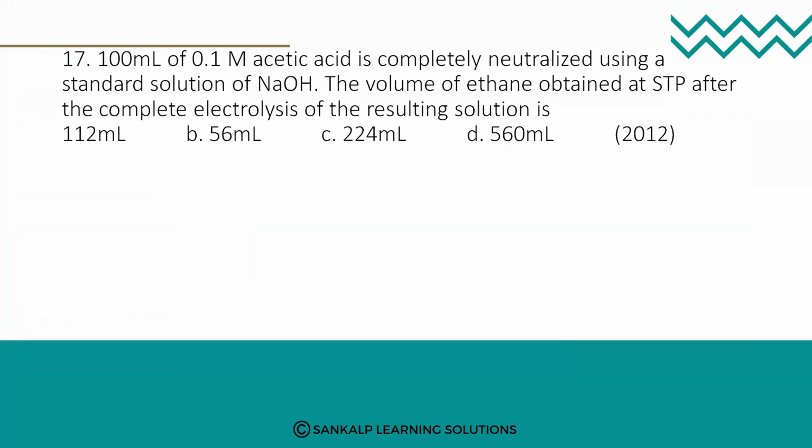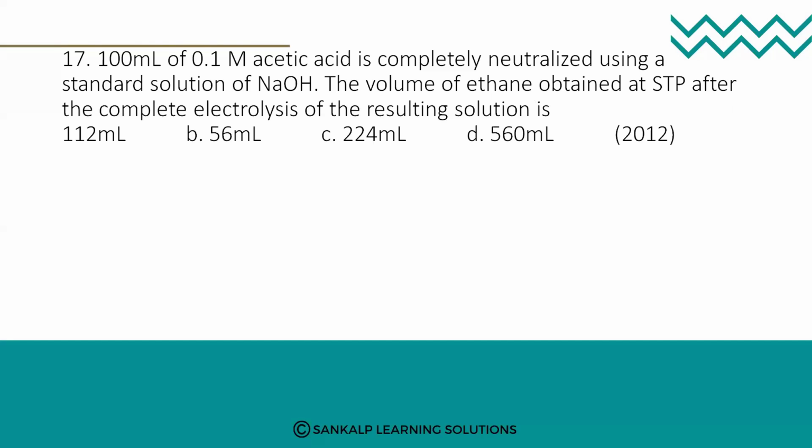The volume of ethane obtained at STP, standard temperature pressure, after the complete electrolysis of the resulting solution is: A 112 ml, B 56 ml, C 224 ml, and D 560 ml.